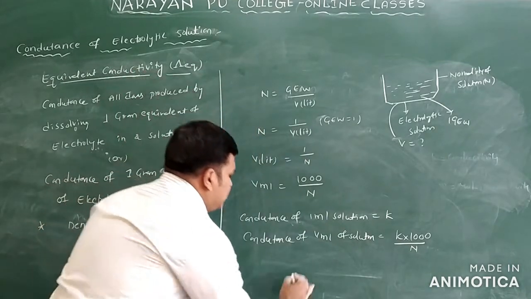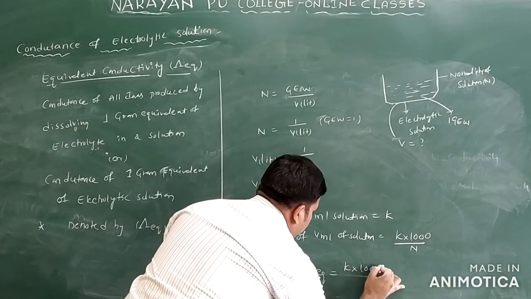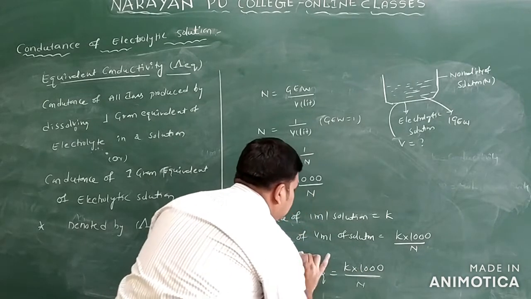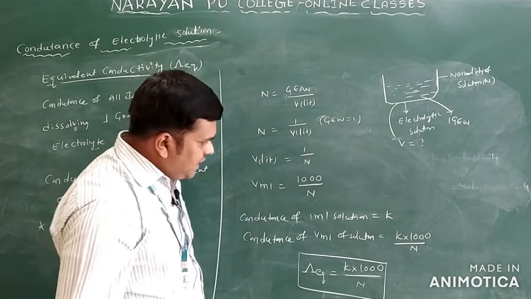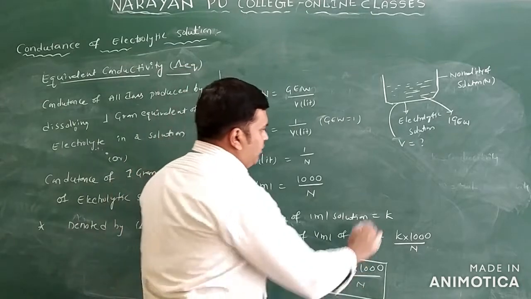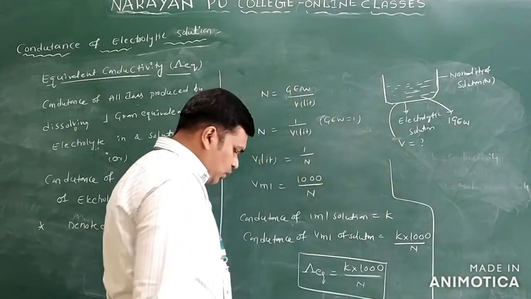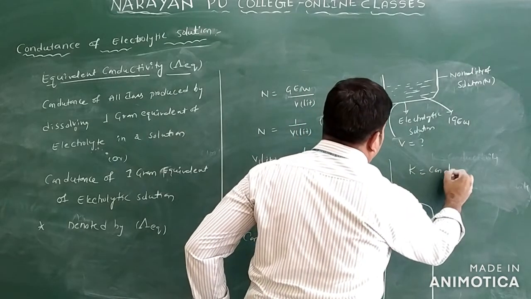So from this, for 1 gram equivalent weight, the equivalent conductivity is equal to K into 1000 by N only. What is K? Conductivity, and what is N? Normality. What is capital lambda EQ that we are calling? Equivalent conductivity. So K is equal to conductivity.